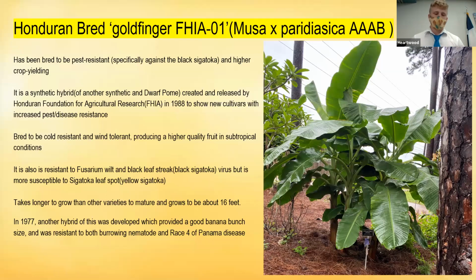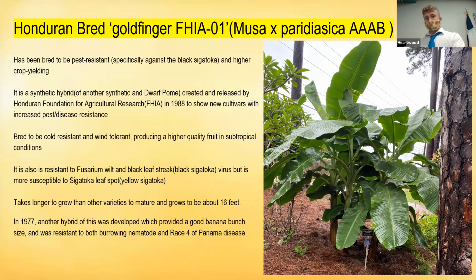First one, one of the coolest I think, is the Golden Finger. This banana has been carefully bred to be pest and disease resistant to many things and have a higher bunch yield. It was made in tissue culture in the lab and has been bred through other hybrids to give a greater defense against Fusarium wilt and black sigatoka, which are two main diseases that decimate banana populations.